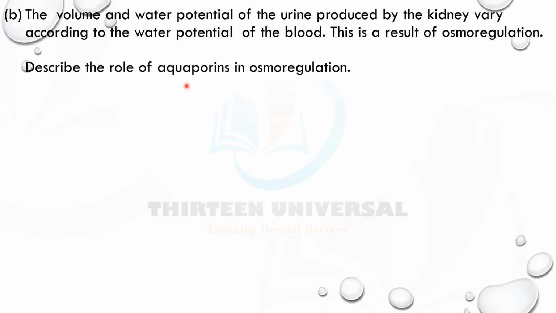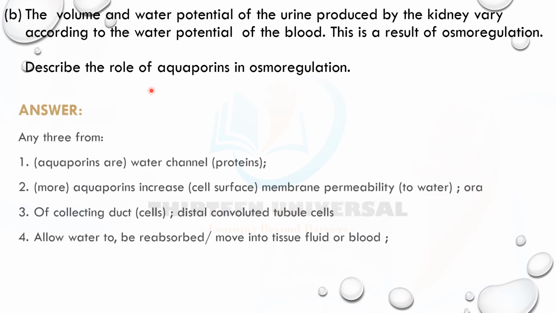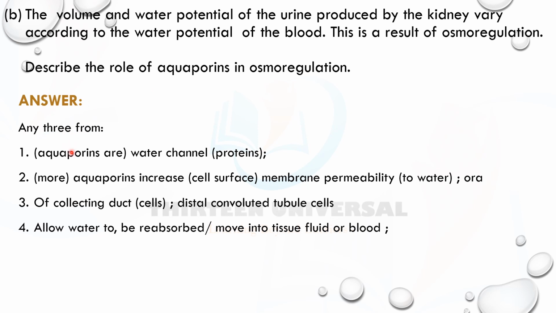An increase in the number of aquaporins increases the permeability of the membrane of the collecting duct, permeability to what? To water. So water is able to move from the glomerular filtrate in the lumen of the collecting duct into tissue fluid or into the blood by osmosis.